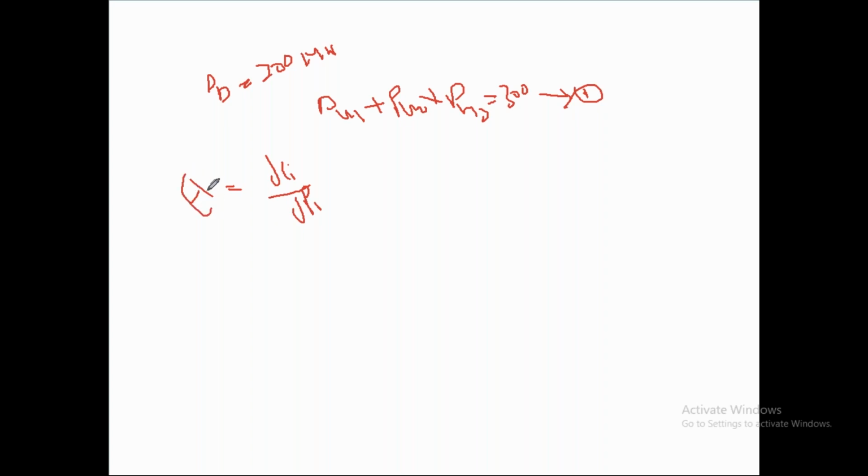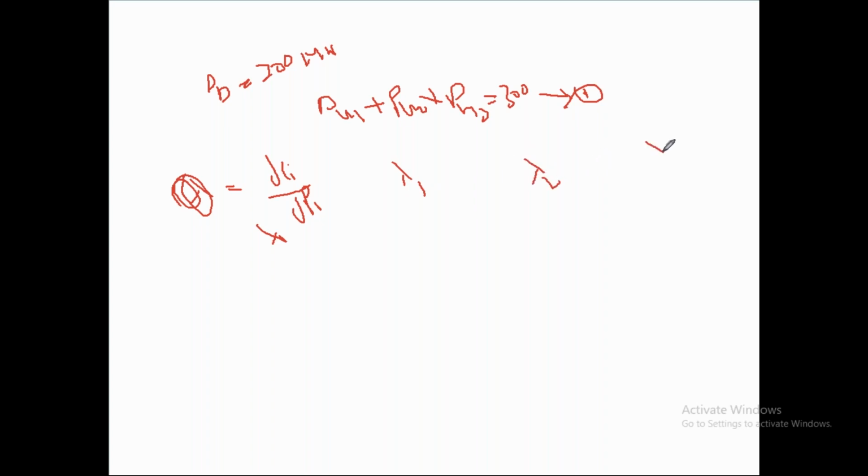For economical scheduling, they gave 3 equations, that is lambda 1, lambda 2, and lambda 3.